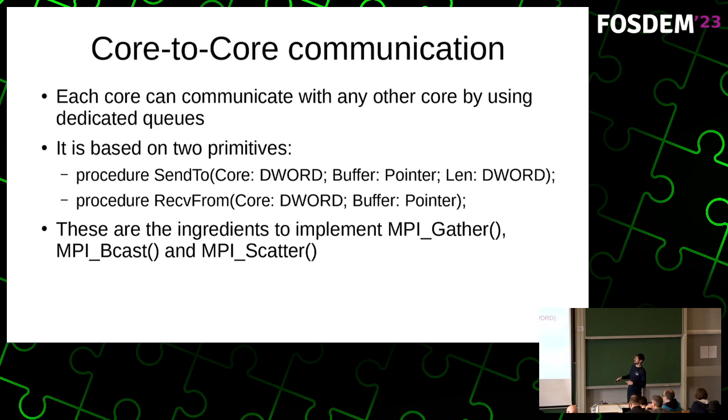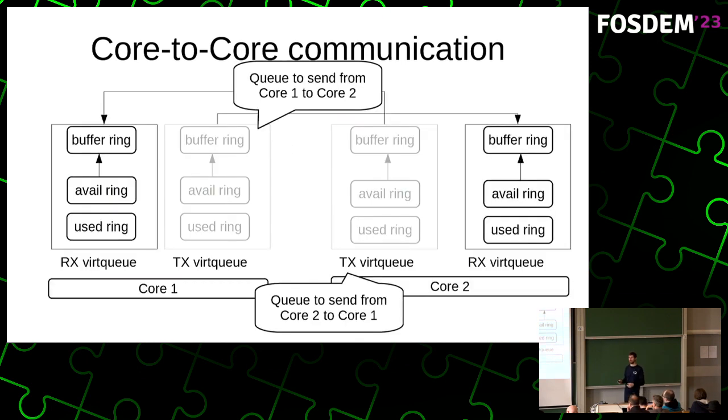To implement this core-to-core communication, I was using virtio, just following the specification. I don't want to go too much into details, just to understand roughly how communication between cores is done. As I said before, we have one reception queue for each core, for any other core in the system.